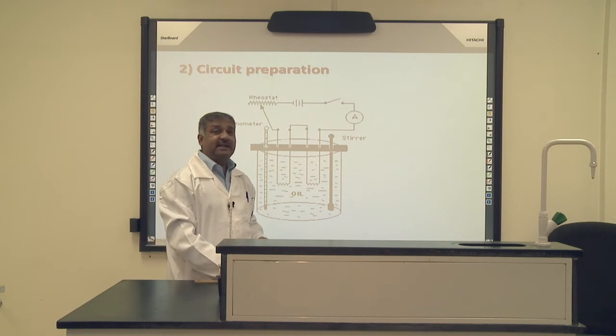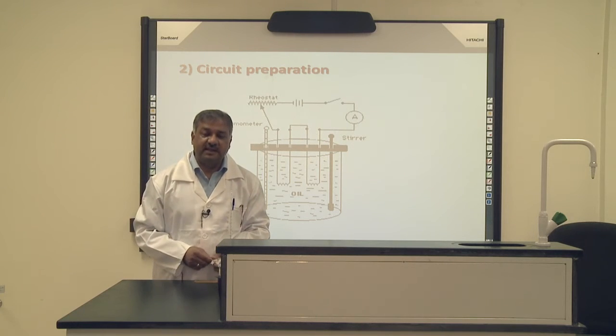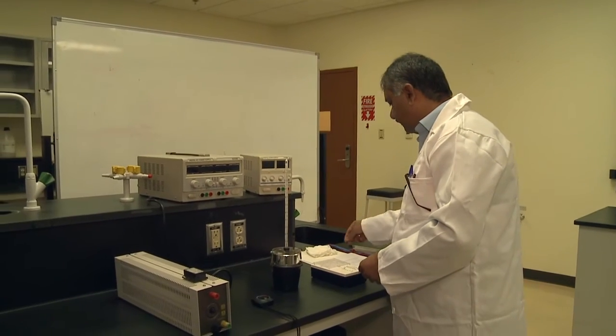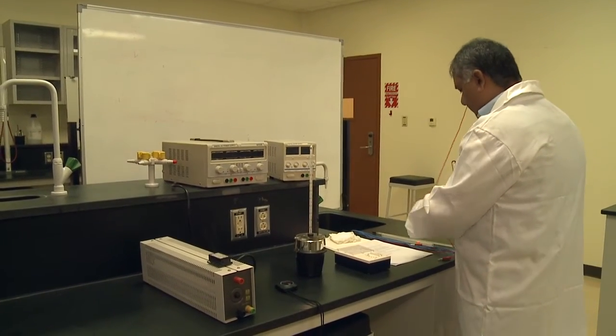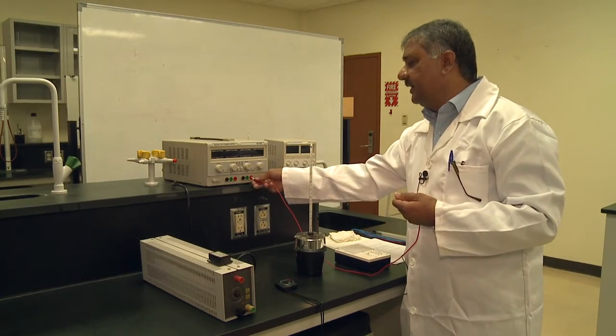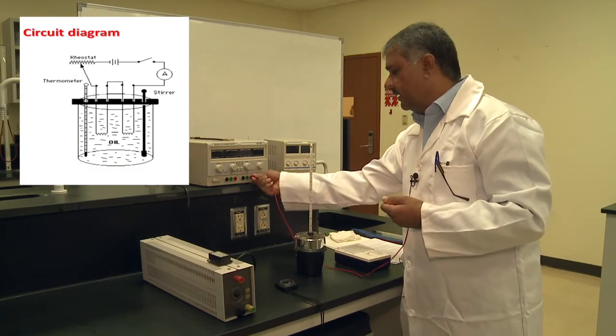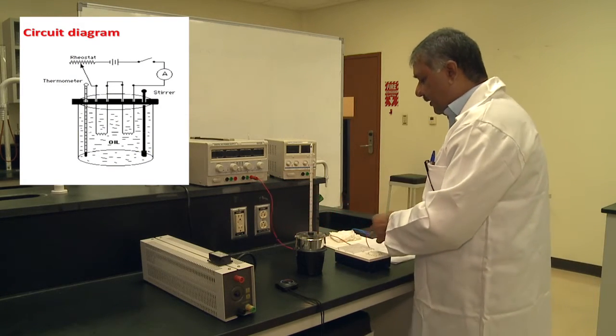So gentlemen, let us go to the circuit connection and start our experiment. Let us connect the circuit as shown in the picture. I am going to start according to the picture, starting from the positive end of the battery, which comes to A, the ammeter.